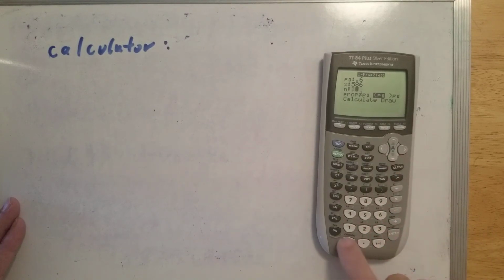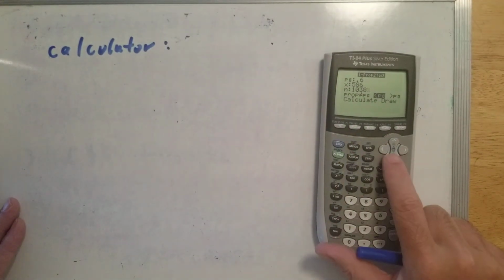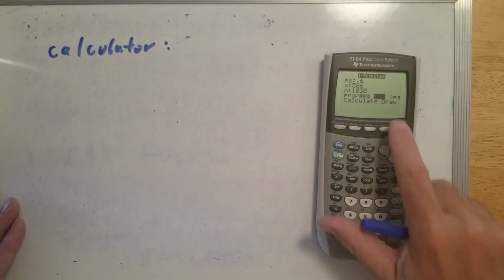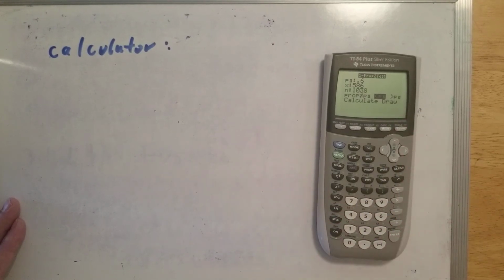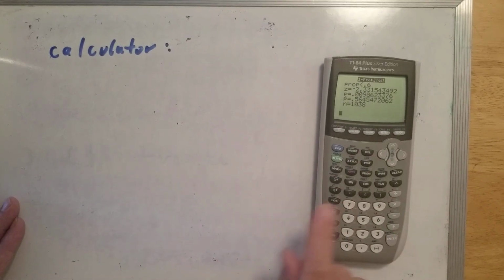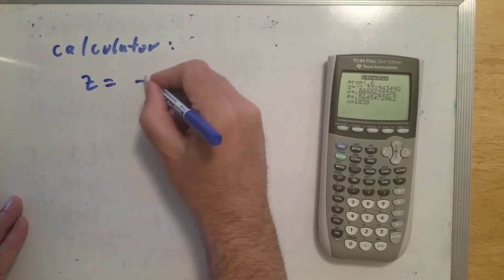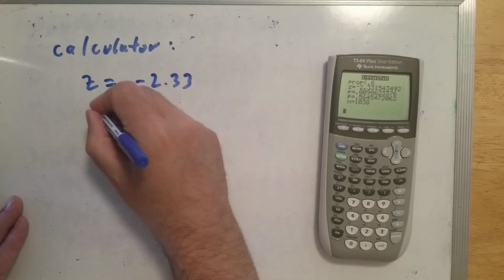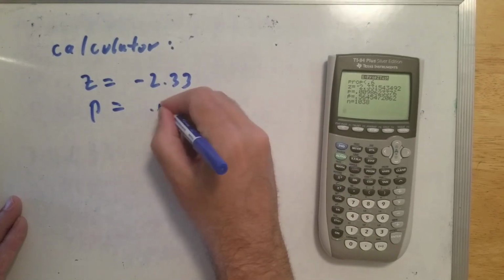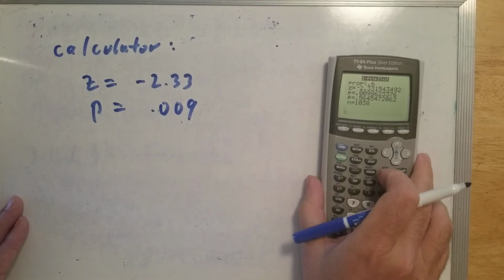I'm going to match the form of the alternate hypothesis for this one. Notice there's 3 possibilities. I'm going to hit enter when I get to the one that I want. Calculate. And this time I get, for the test statistic, z negative 2.33 and the p-value of 0.009. I'm truncating. The important thing is whether it's greater or less than alpha.